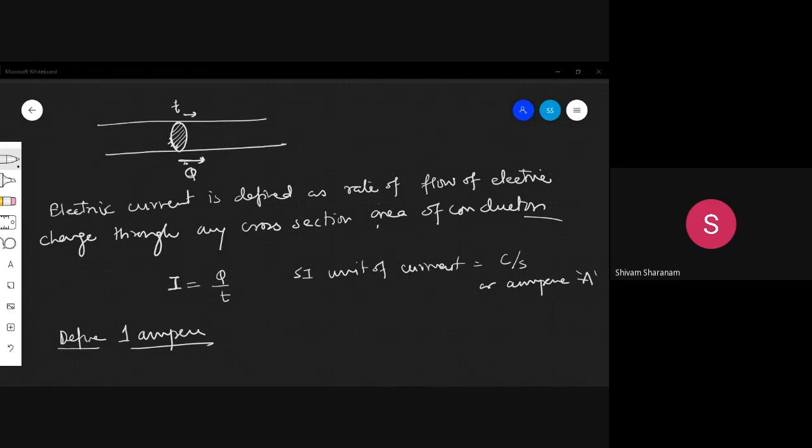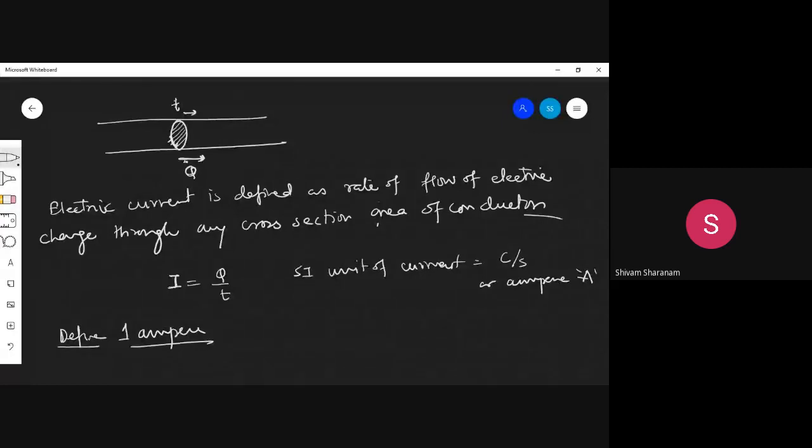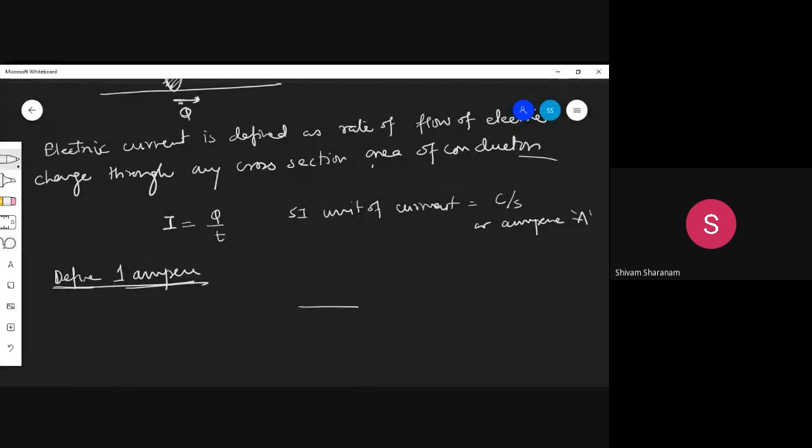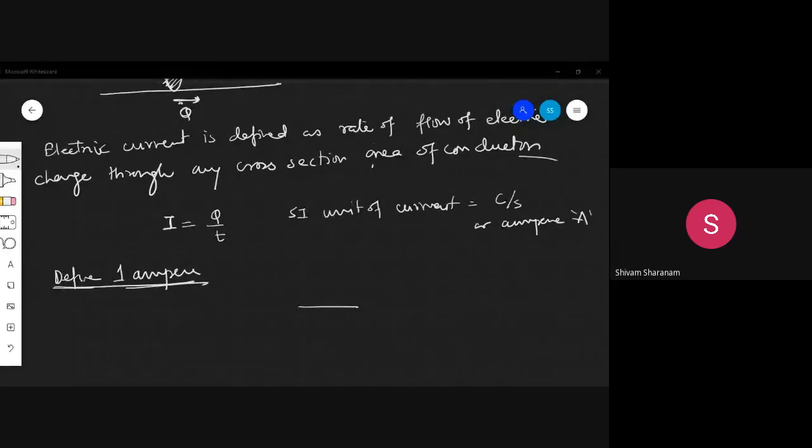Actually, when the current flows through the conductor, the current does not remain uniform all the time. It changes, not very significantly, but yes, it changes a little bit.